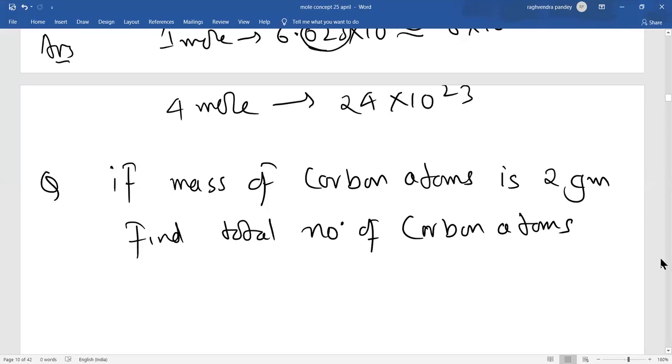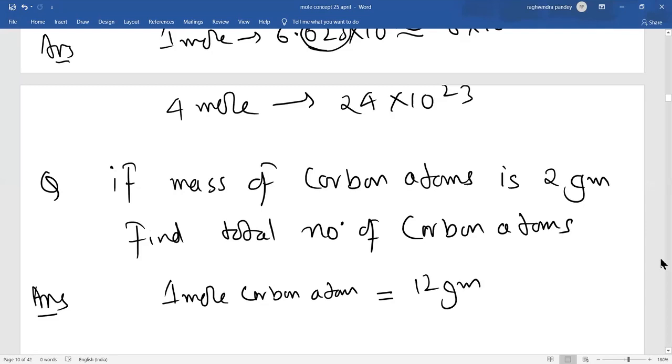Okay, so I'm solving it because time is less. It is the second day. Now I told you 1 mole. Now listen, 1 mole carbon atom. What is the mass of 1 mole carbon atom? 12 gram. Now what is 1 mole? 1 mole is your Avogadro number.